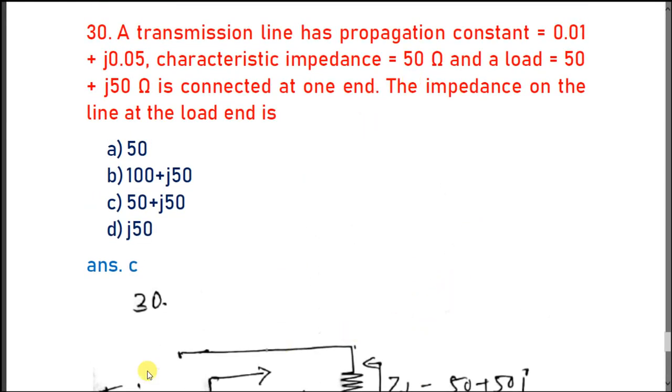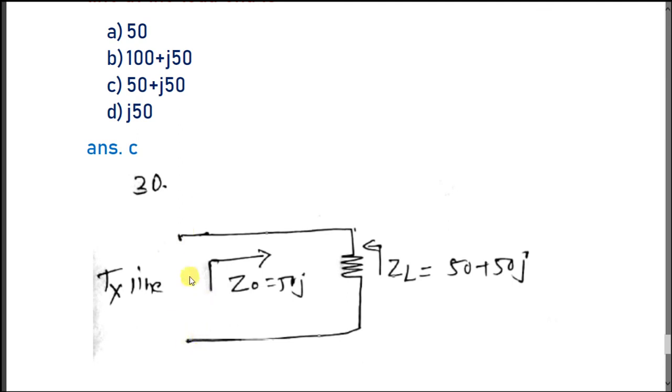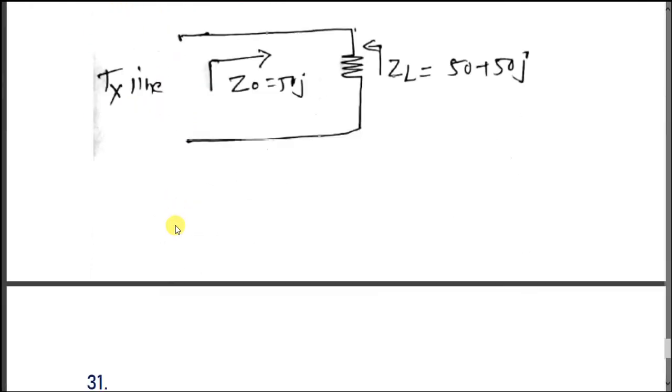If you see from this side, what is the value of the load? If you measure the input impedance, that is exactly equal to the load, because there is no impedance in between. So if you measure the input impedance from this side, you will get the entire ZL as the input impedance. So answer is 50 plus j50. So answer is C.